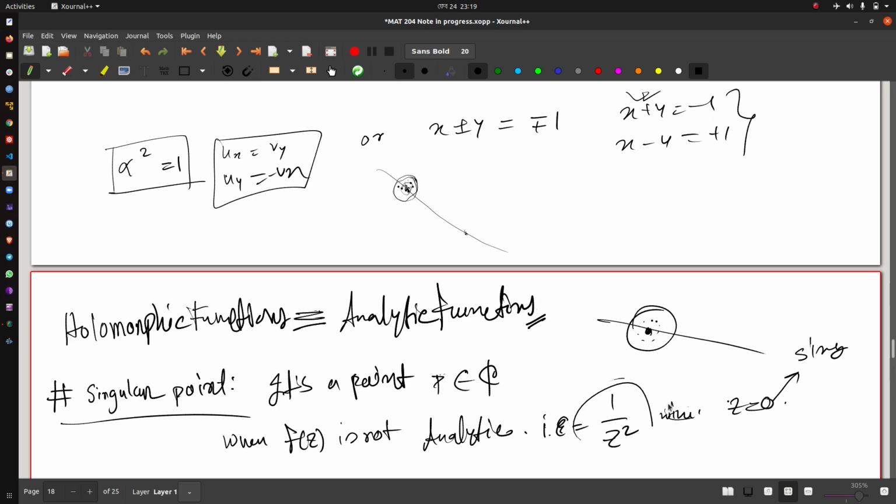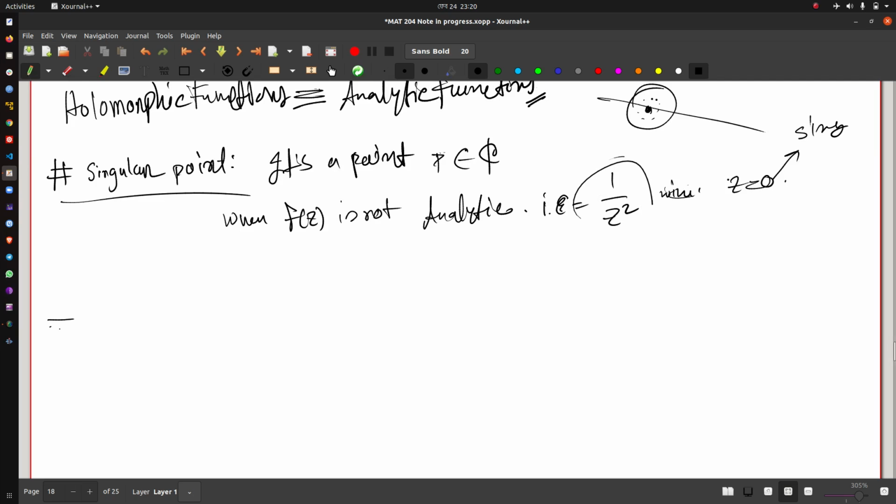Okay, a regular point is such that at those points the function is analytic. So these two definitions are inverse to each other. And finally, let's define another thing called an entire function.